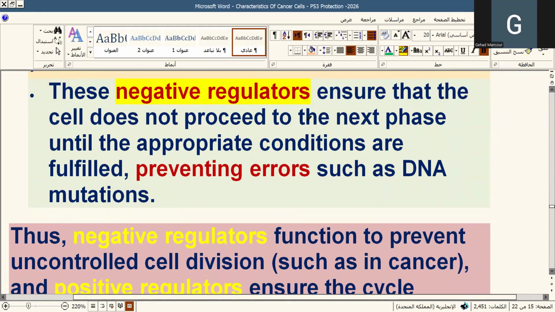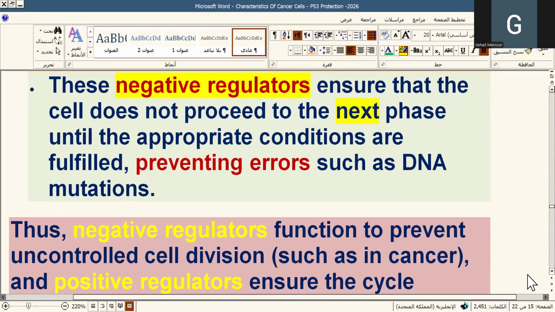And these negative regulators of the cell cycle have as a major task to make sure that the cell does not proceed to the next phase until the appropriate conditions are fulfilled, in order to prevent transfer of errors of DNA or transfer of any damage in the cell to the coming generations of cells or daughter cells.